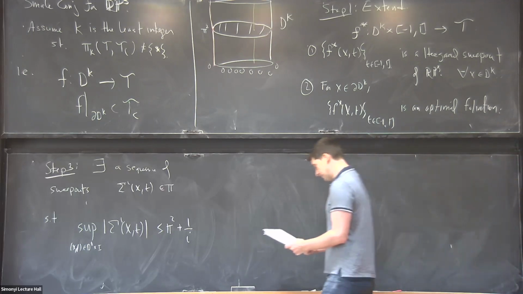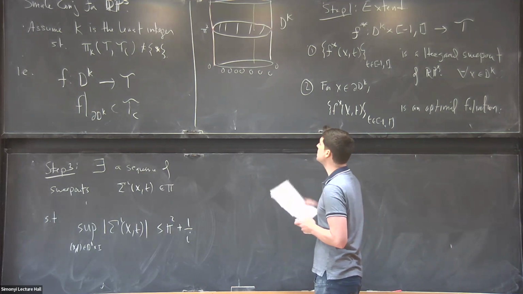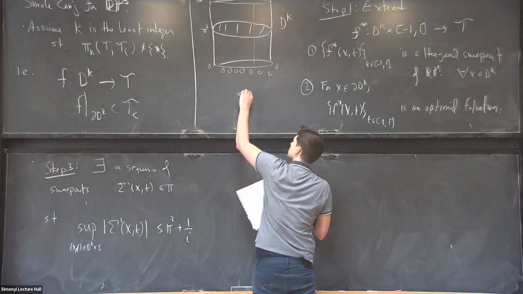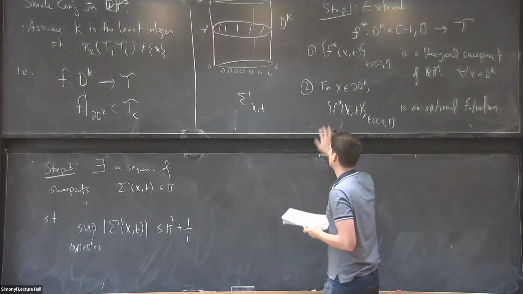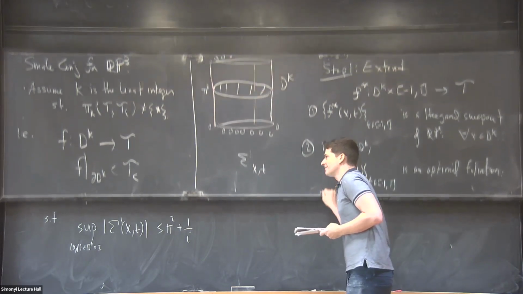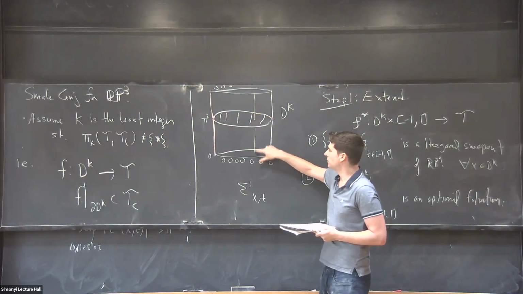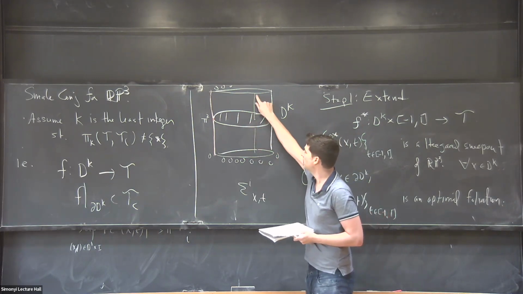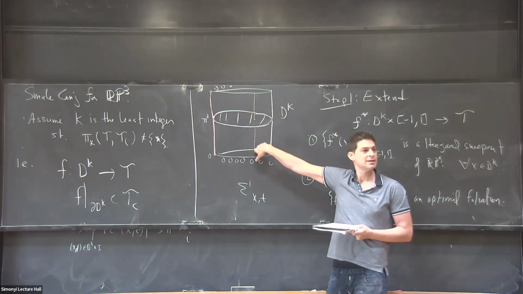Okay, and so what's the idea? I have these sweep outs where everything is very close to pi squared. But the key idea is that if I just restrict my family to one of these yellow lines, that means that this is a 1-parameter family where the maximal area is very close to the optimal thing, which is pi squared.